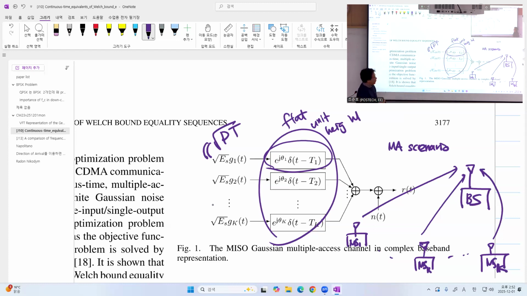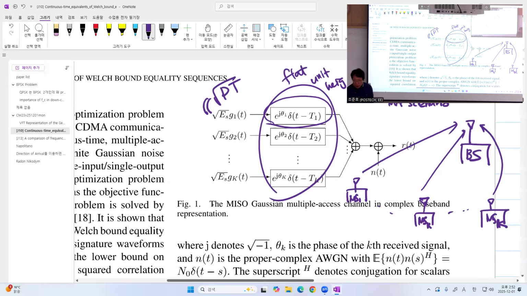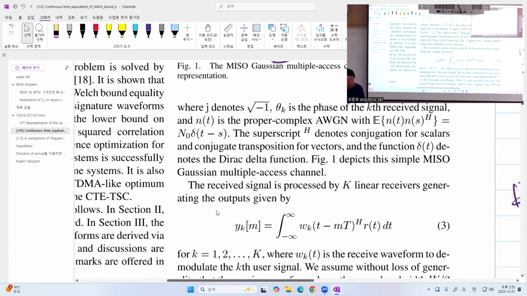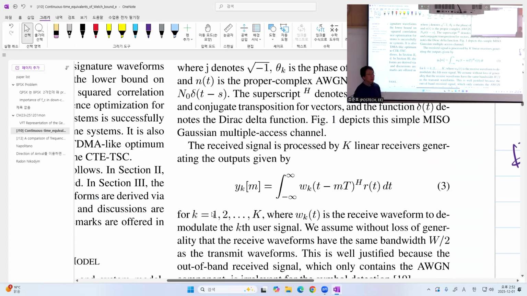Okay. Anyway, in the receiver, our received signal r of t is processed in which way? In the MMSE sense. In the previous generalized Nyquist criterion, we assumed matched filters. But matched filters are not always optimal in some other criterion, in other sense.